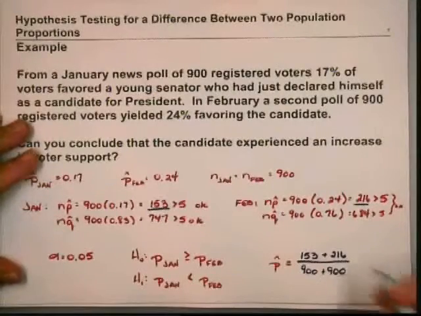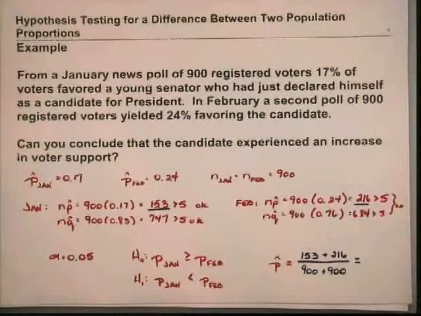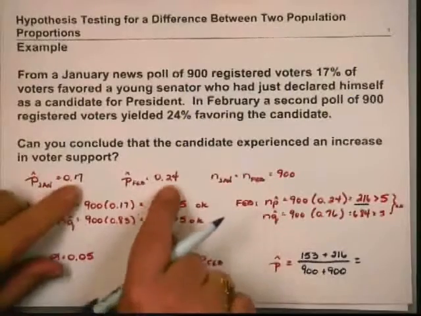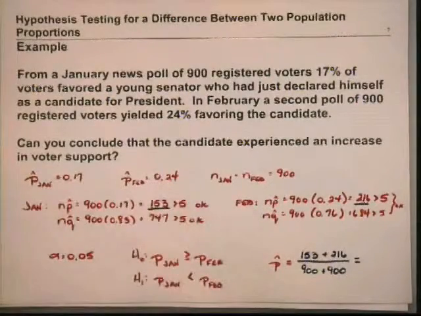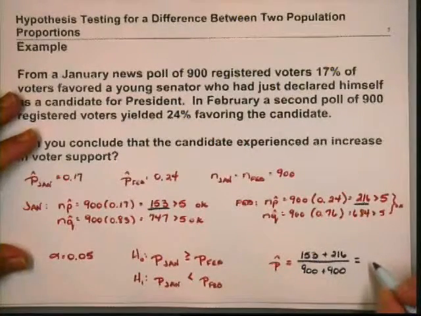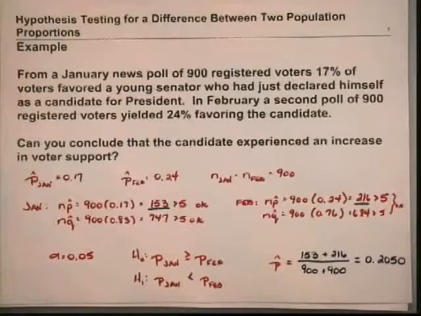All right, so when I do this, what do I come up with? Well, it better be something between these two. And if the sample sizes are equal, it will be right exactly in the middle. So what do you have? 0.205. Everyone agrees?